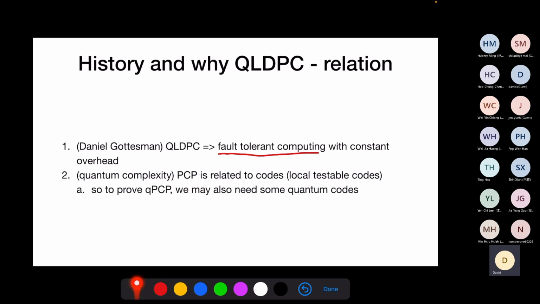In those cases, they're related to codes, especially locally testable codes. So in the quantum setting, these quantum LDPC codes may also be related, and so studying them could also help us better understand quantum complexity problems.